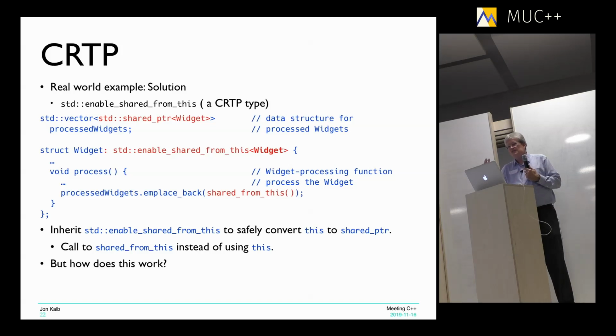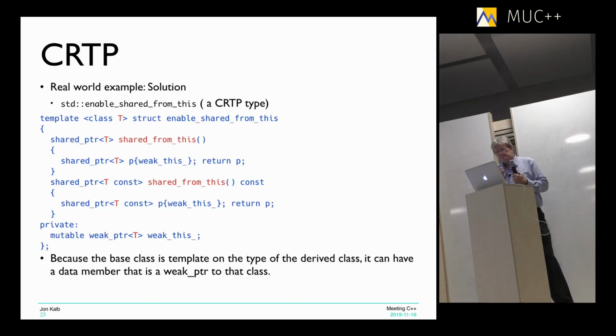Internally, this base class has a weak pointer to whatever the type is, but in order to have a weak pointer of the type, the base class needs to know what the type is. So that's why we have to tell it, by the way, I'm going to derive from you with a widget, so the base class has to know it's instantiated on widget. Okay? So this is a practical application of the CRTP that's already in the standard library.